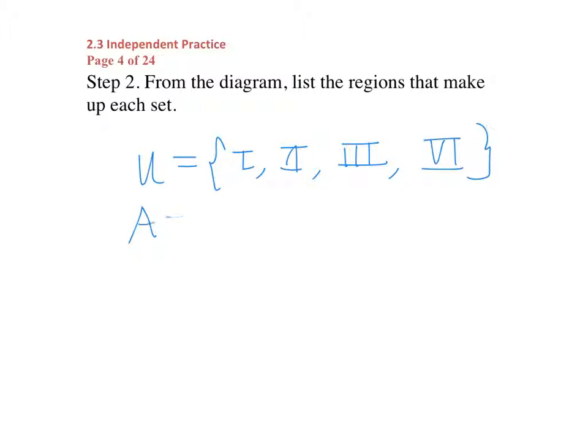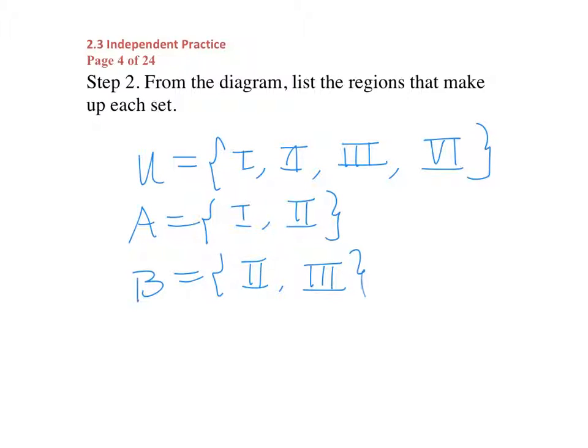And then we said for A, we only have 1 and 2. For B, we only have 2 and 3. Okay, some of you may say, didn't we just say that all the elements in 1 belong to A only?